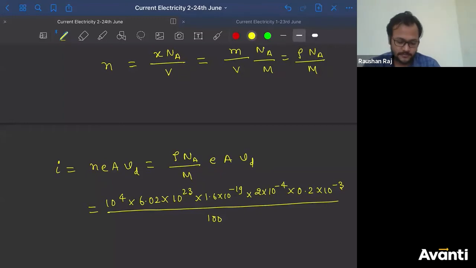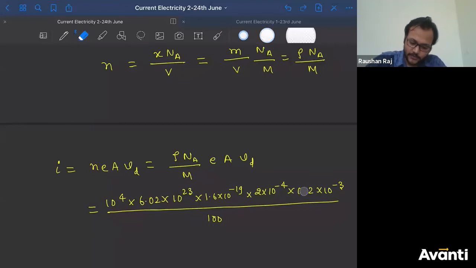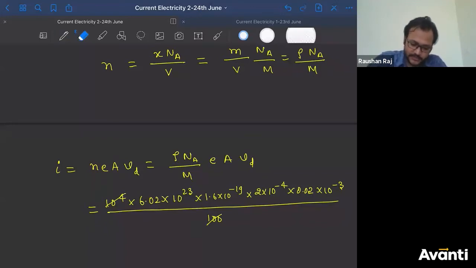Okay? So now you have to solve this. See what I am doing. 10 to the power 4 here. This was 0.02, right? This was 0.02, not 0.2. Can I say this is 2 by 100? All right. So I can cancel 10 to the power 4 with 100, and I can now write this as 2 only.